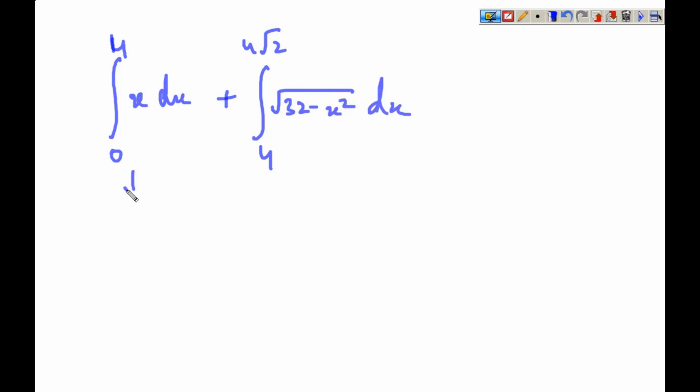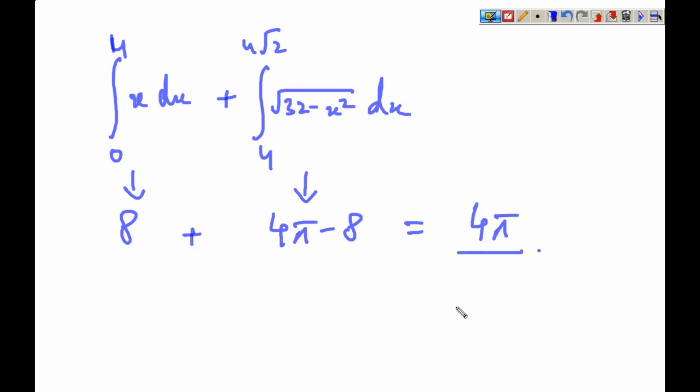So this came out to be 8, and this came out to be 4 pi minus 8. We just need to add those, and the area of the required part is 4 pi. So this is how you use definite integrals to find the area of any required geometric shape.